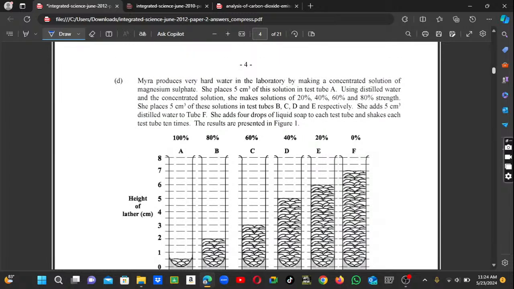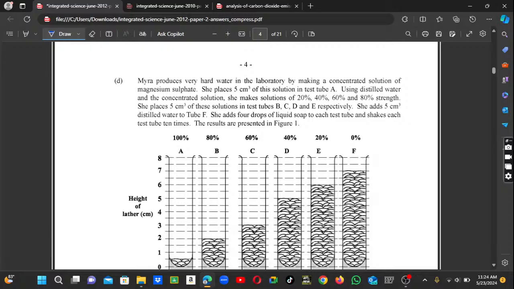Let's scroll back. Alright, so we have a laboratory diagram here showing that Myra produced very hard water in a laboratory by making a concentrated solution of magnesium sulfate.